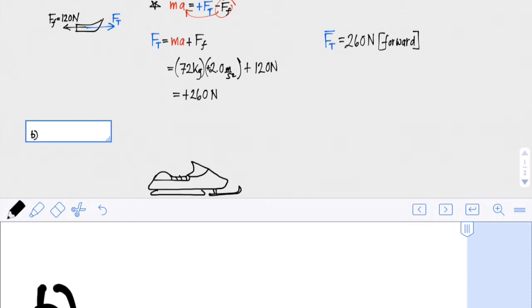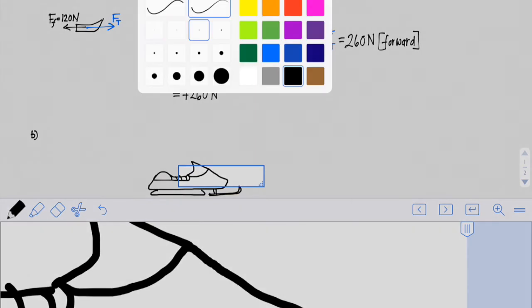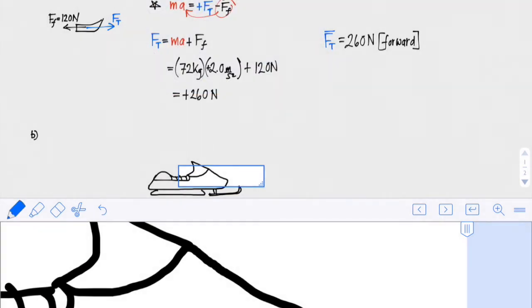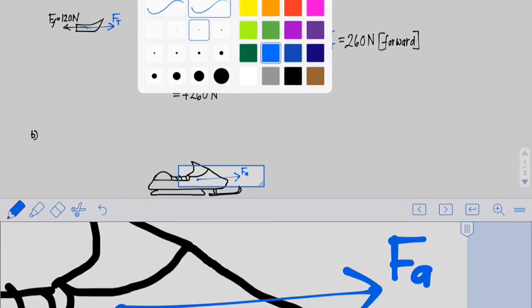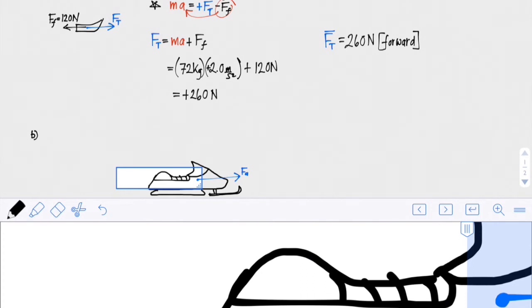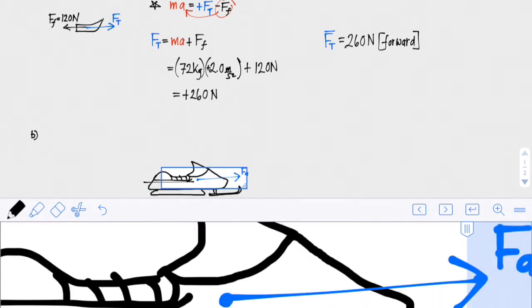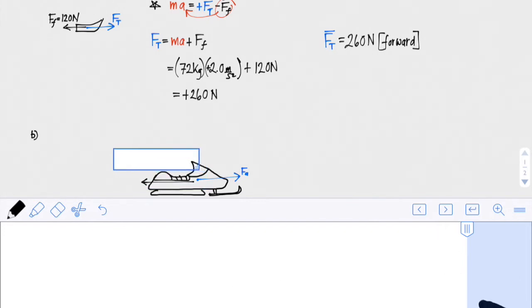In part B, they want us to find the force applied by the snowmobile to pull the sled forward. The question tells us that the snowmobile experiences a drag force which opposes the motion, and the drag force is 540 newtons backwards.